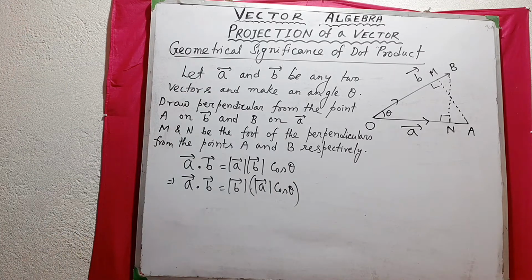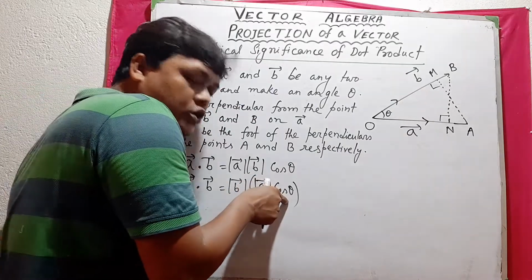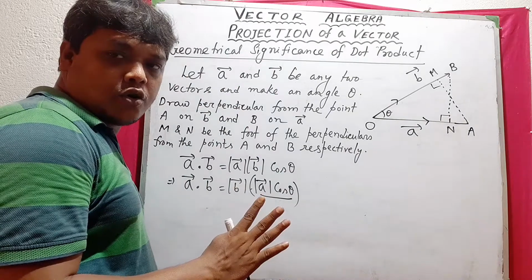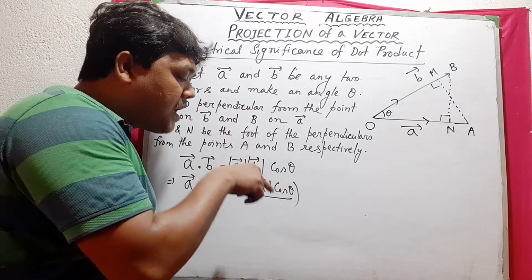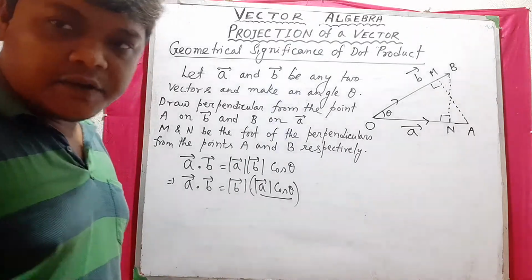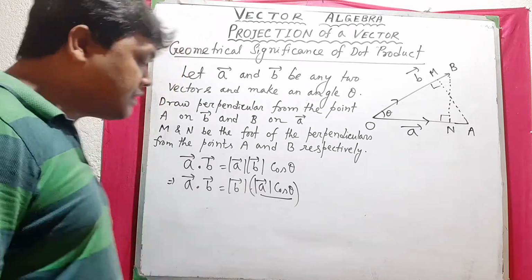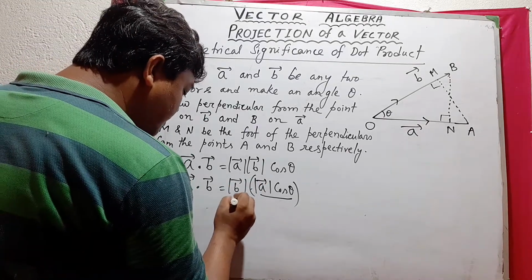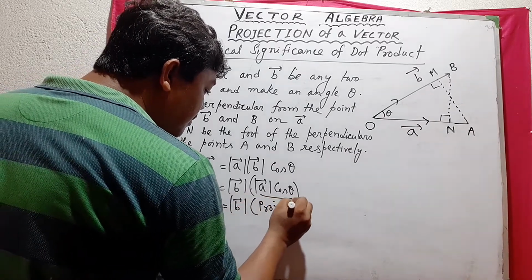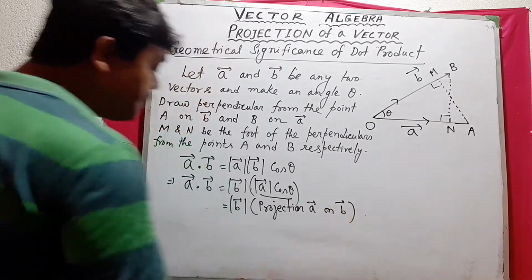Mod of A cos theta, we have already discussed, is the projection of A vector on a line, or the projection of A vector on B vector. That is why we saw that for any vector R, the projection of R on a line is mod of R into cos theta. So this is the projection of A vector on B vector, we can say.